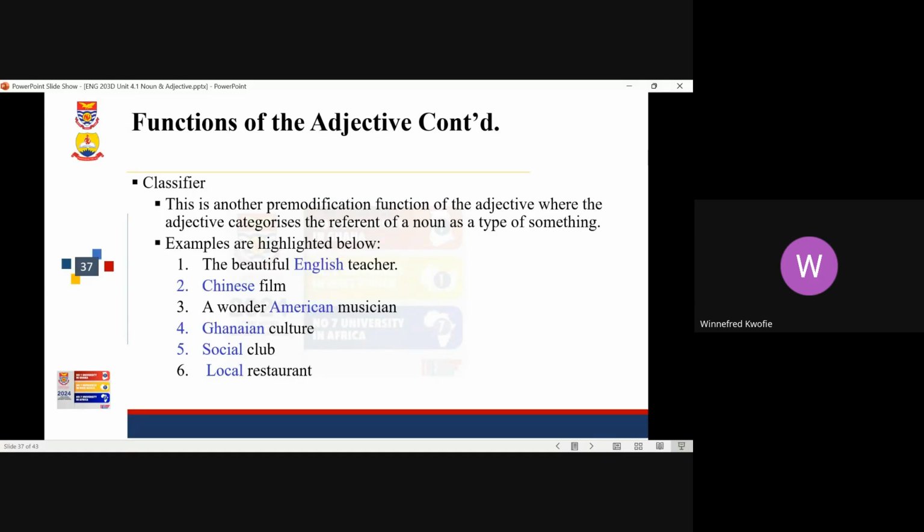There are so many types of films. We have Ghanaian film, Nigerian film, and what have you. So what type of film are you talking about? You're talking about the Chinese one. And so American music, Ghanaian culture, social club, local restaurants. So when an adjective functions this way, it is functioning as a classifier because it helps to identify a word as being part of, or being a type of, something.